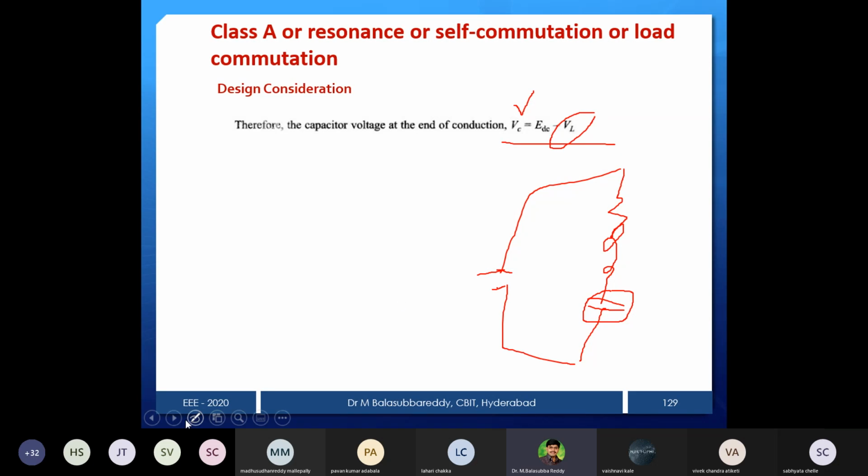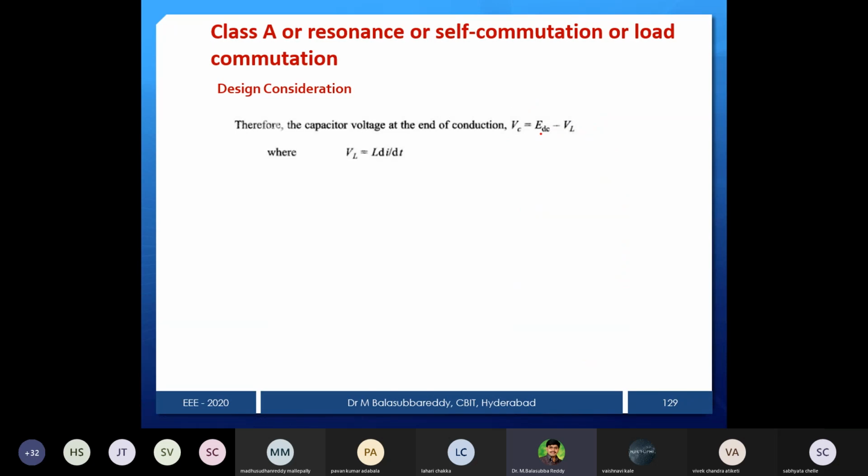We know the inductor voltage is L di by dt. Already you know di by dt, because I of t is known. So we know VL, and VDC is known. Subtract that, and you will get the voltage across the capacitor.